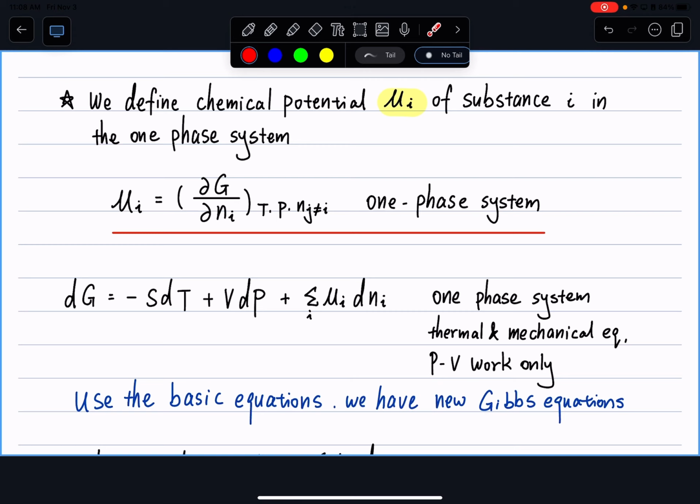And as a result, we can rewrite our Gibbs equation to include chemical potential. The first part, negative SdT plus VdP, that's our Gibbs relation. We keep it the same, and at the end we add our chemical potential term.